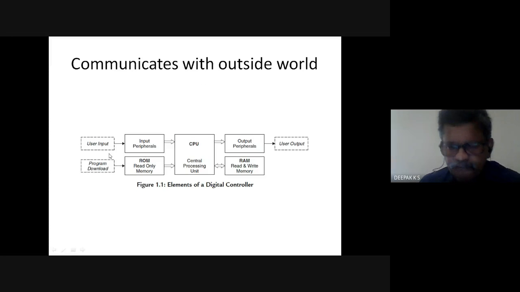So basically this microcontroller would get some inputs. Some processor would be there. Some program would be there. Inputs are the data, program is the code, and it will do some processing and produce some output. So this is the scratch pad RAM, and it will go to the outside world. So it normally communicates with the outside world. We have seen examples: washing machine, a seat belt of a car, printer.